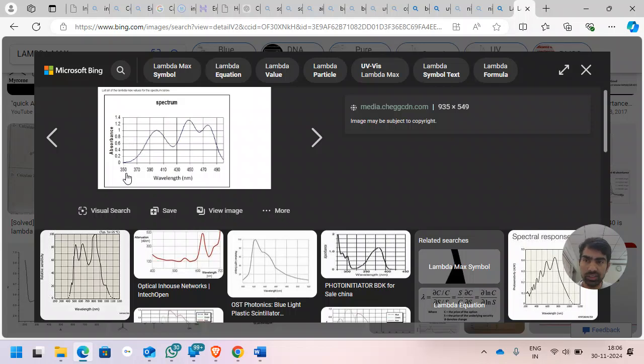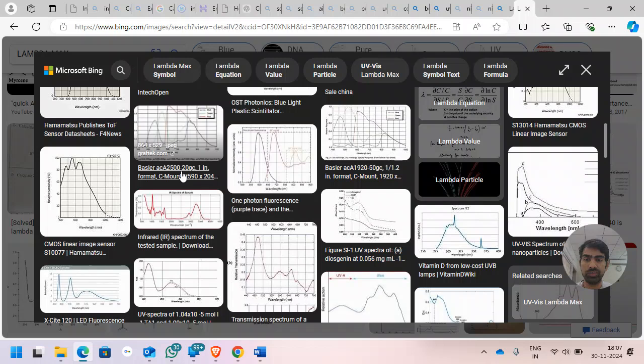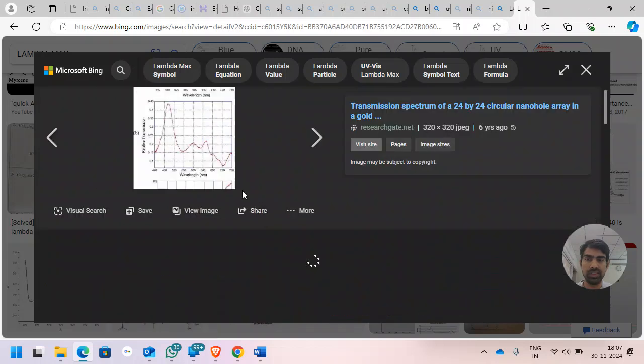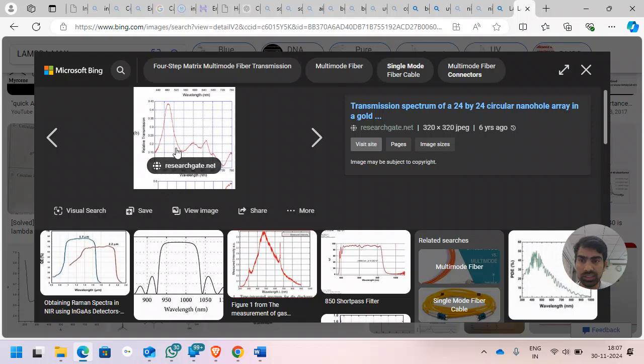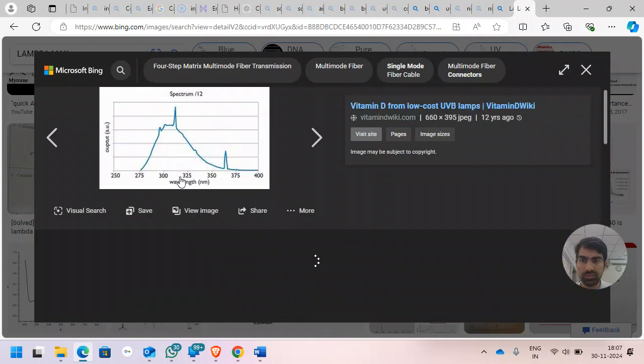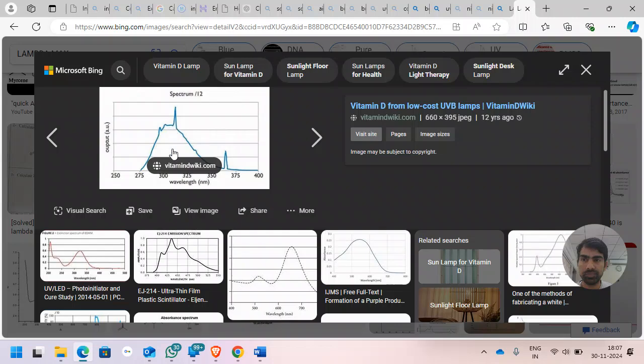We can see here around 400 we got a maximum peak, but we cannot consider this as it is going to a higher level. It is better to take a lower concentration then. If it goes higher than one, we see this otherwise. We can see it coming at around 320 like that.